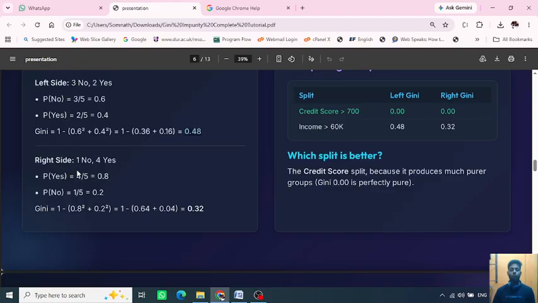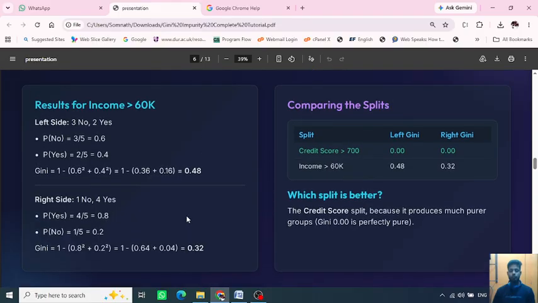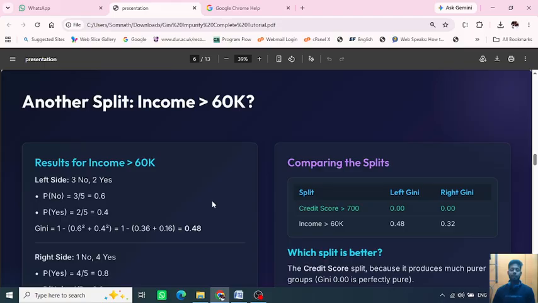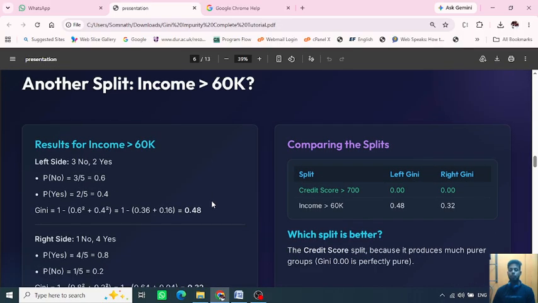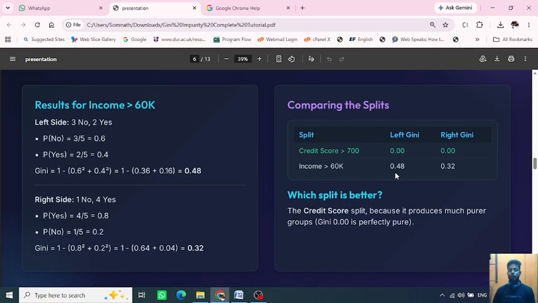For the right side, 1 No and 4 Yes, and the calculated Gini is 0.32. If I compare income versus credit score, you can see the credit score Gini is less than the income. So that's when the credit score split gives a purer group.